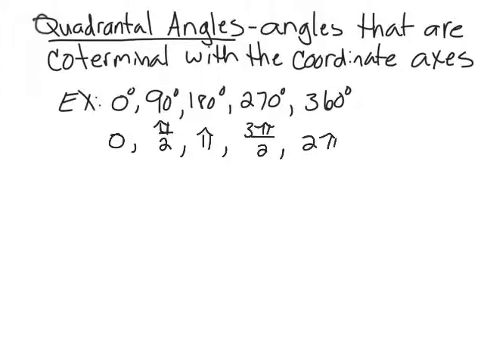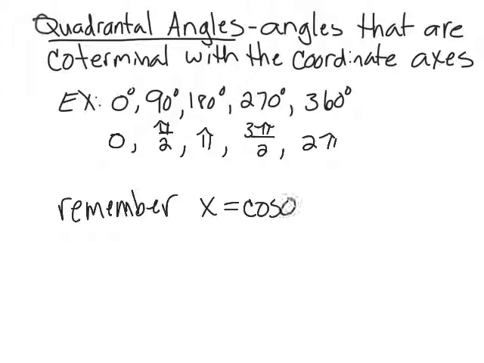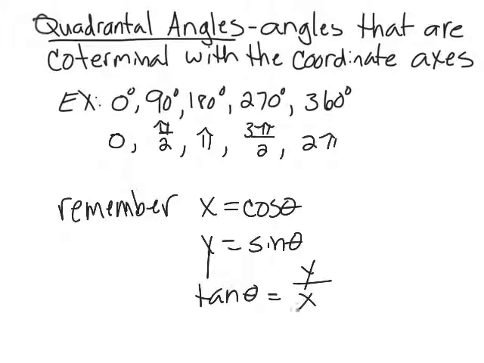We also have to memorize the values of our trig functions for these angles because they are really special cases. To do this easily, remember that the x value is the cosine and the y value is the sine, and then tangent can be found by taking y over x.